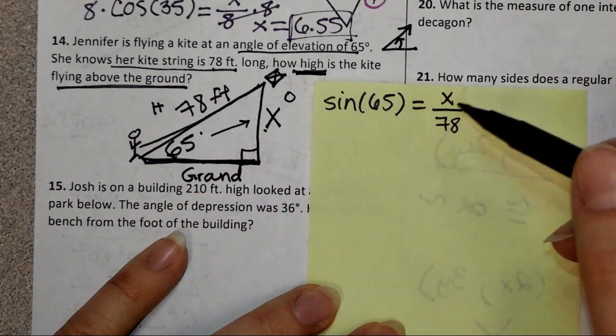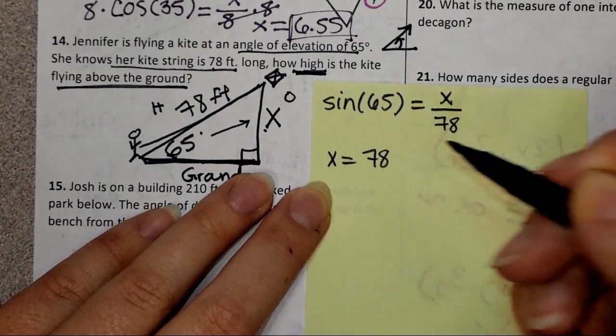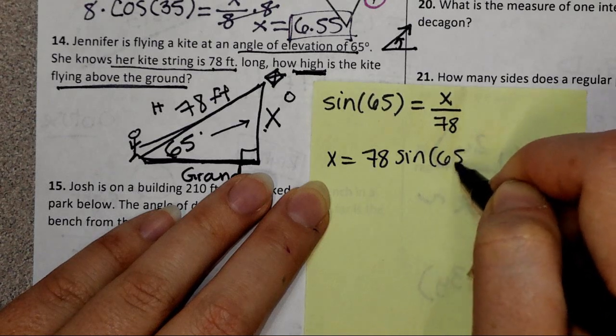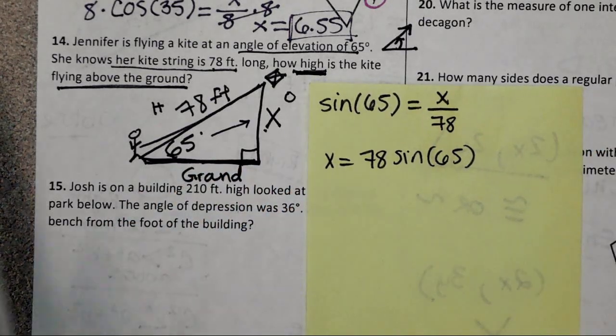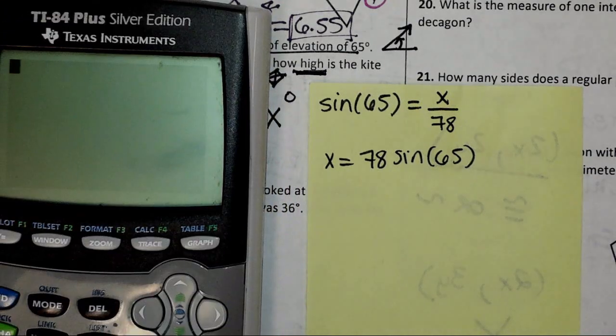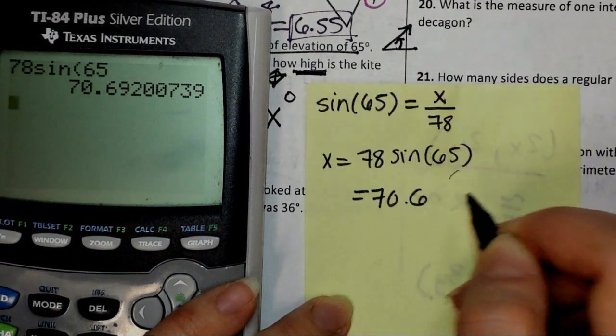X is on top, which means we're going to multiply. So x is equal to 78 times the sine of 65. Make sure you stay in degree mode when you're working on these problems. 78 times sine of 65 is equal to 70.69.